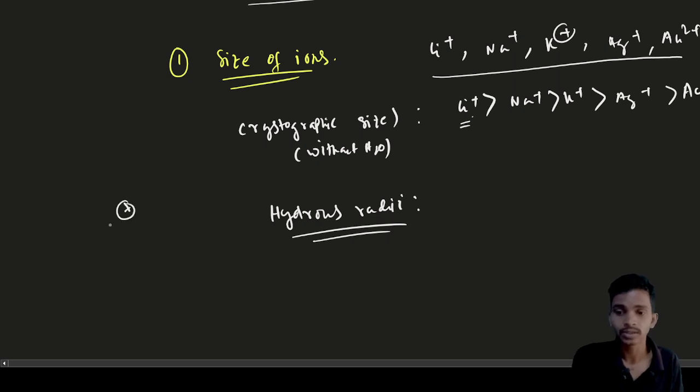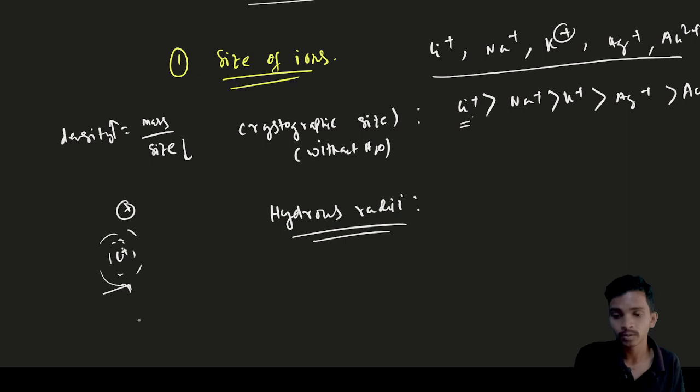Density is mass upon size, so if the size is very small, then density will be high. If density is high, then more water molecules will get attracted. So for this Li plus, more water molecules are attracted.